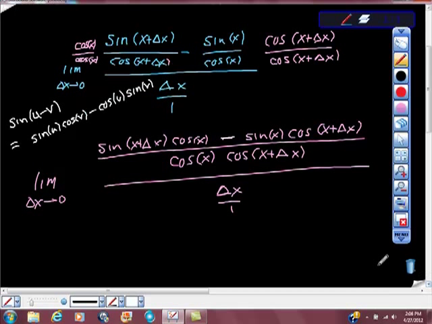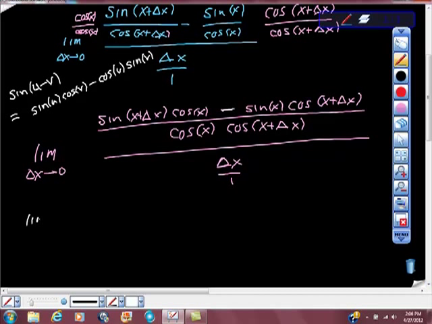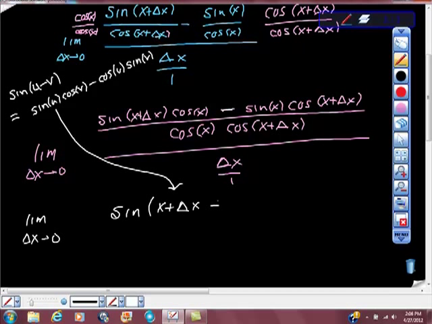So what we can do from there is substitute this back. Remember you're in calculus, so even though we're doing trig, you have to keep this limit process notation going. You're going to take this as sine of u, well, what's u? x plus change in x, minus v, so v is just x, because those are the two numbers that we got, all over cosine x plus change in x.